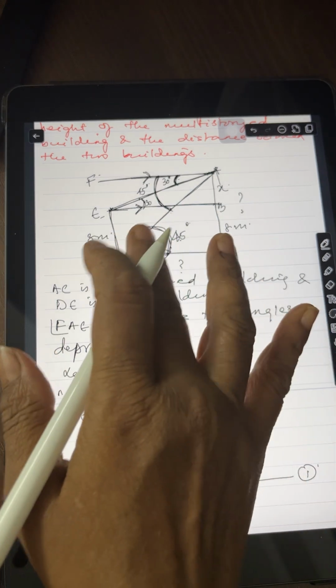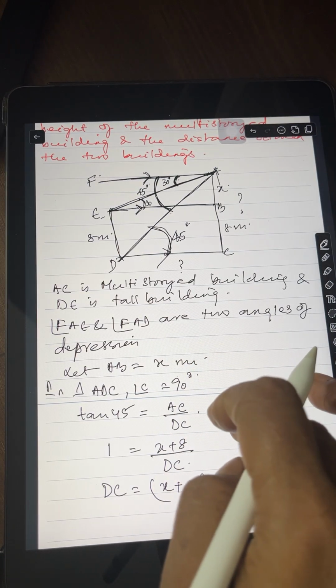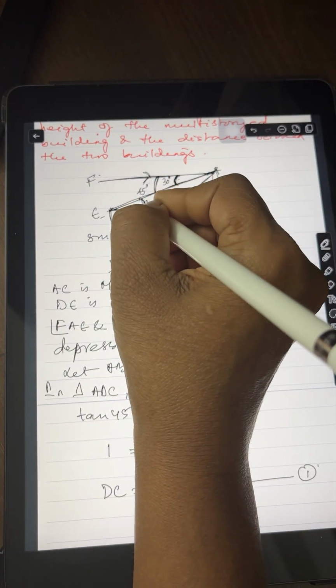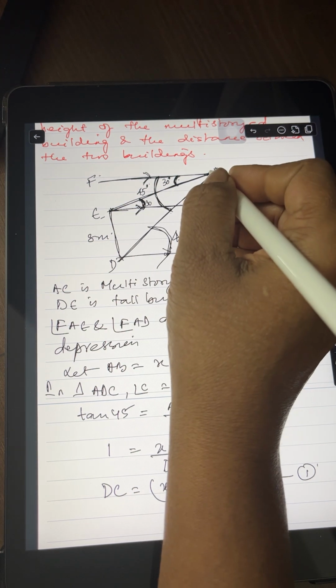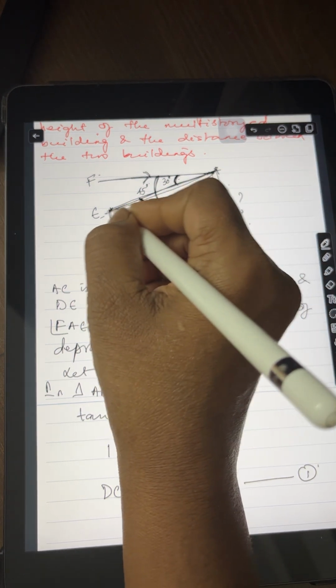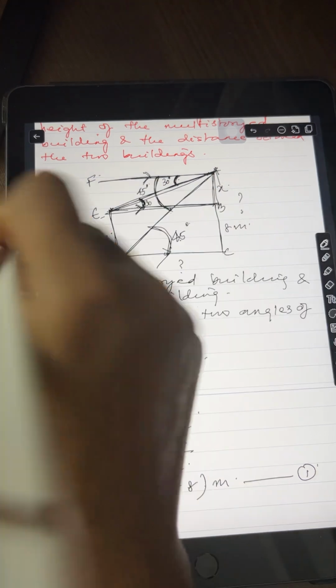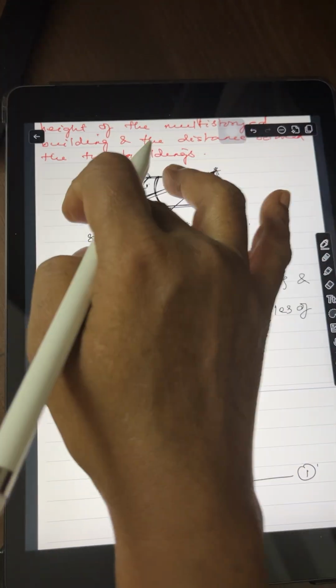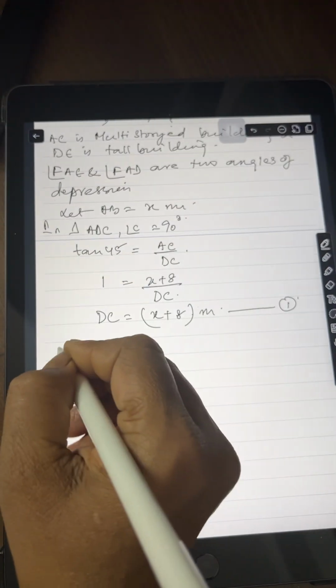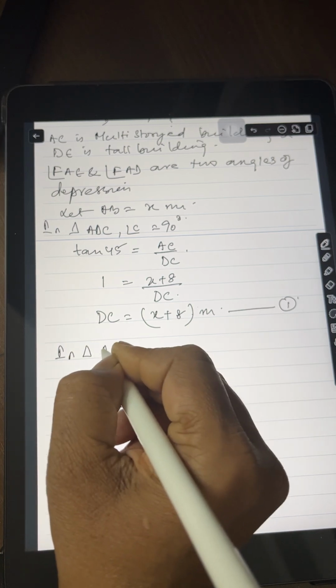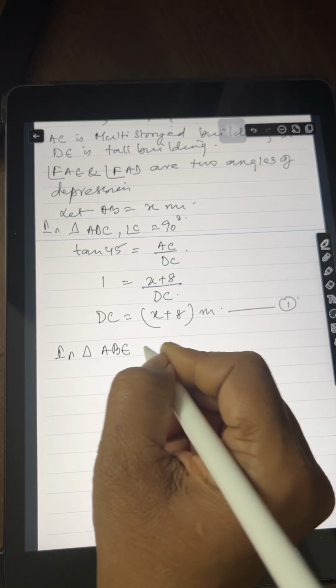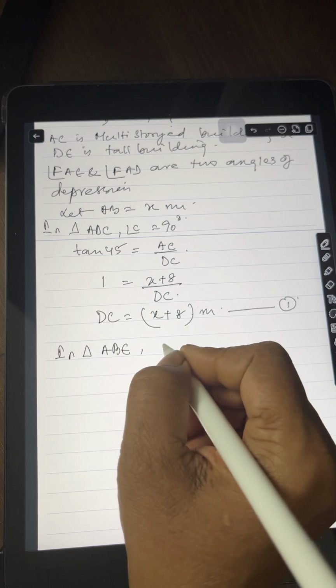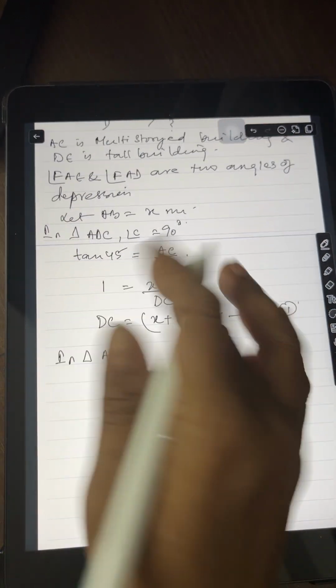Now take the angle of 30 degree. So this is 30 degree. Which triangle will you take? This triangle. In triangle ABE, angle B is 90 degree.